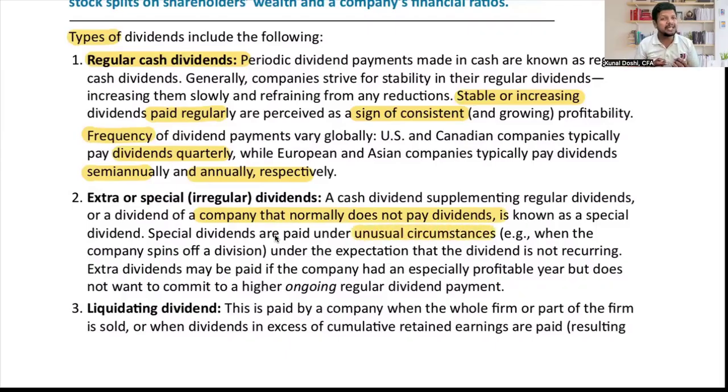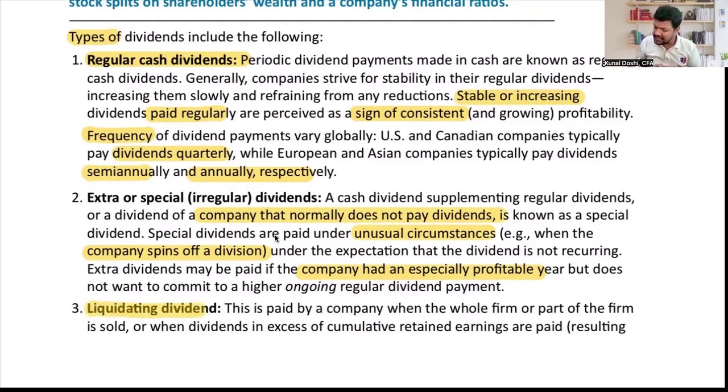These can be due to company restructuring like a spin-off, that is a demerger, or the company may have suddenly made a windfall gain or huge profitability. For example, many companies could not reward shareholders during the pandemic. After the pandemic, they declared a sudden dividend, even those which were not paying dividends. That's called extra dividends.